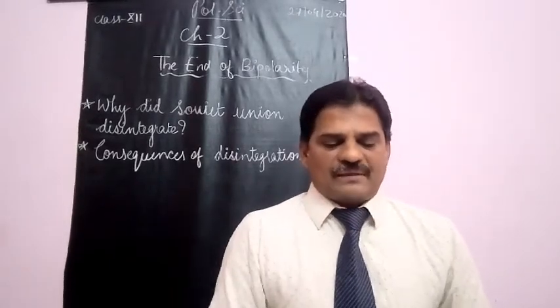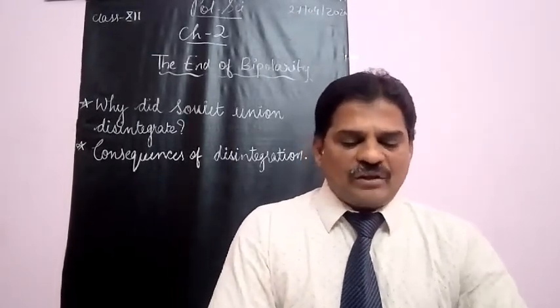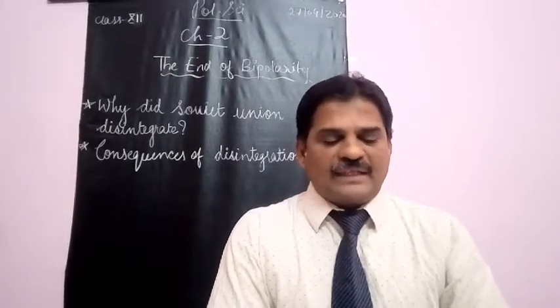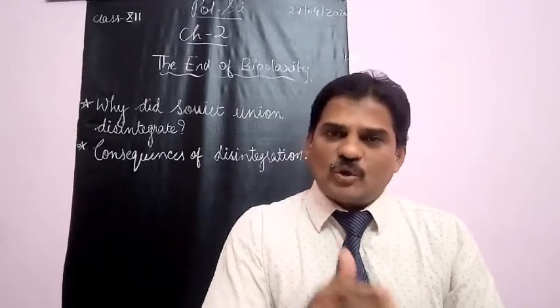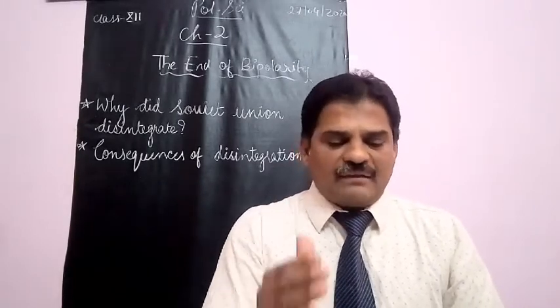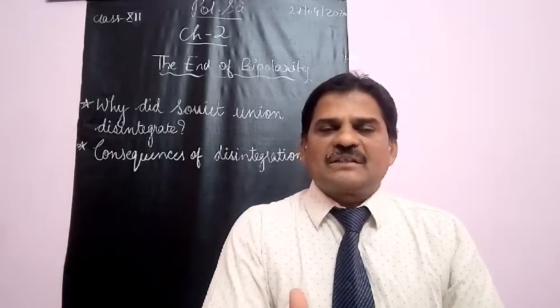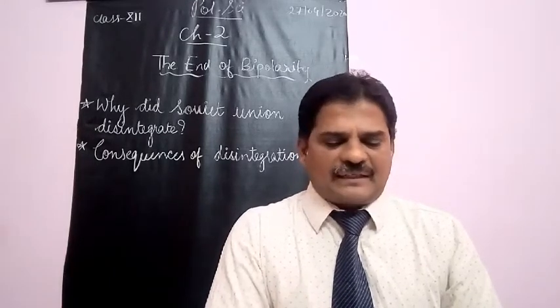Now, coming back, the Soviet Union had become stagnant in an administrative and political sense as well. Not only was there economic stagnation, it was stagnant politically and administratively too.